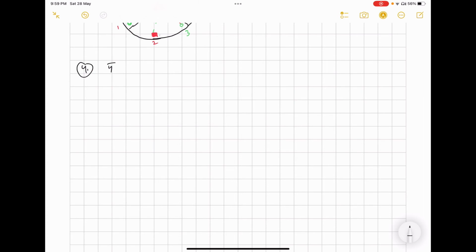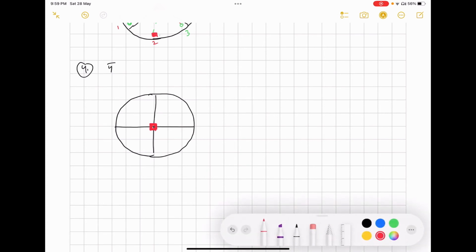So let us draw a circle, and here the symbol is the same, a hollow circle enclosed in a solid square. Okay, so now suppose I start with the point here.